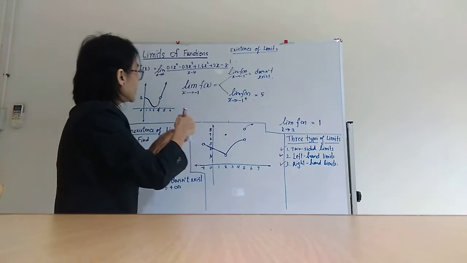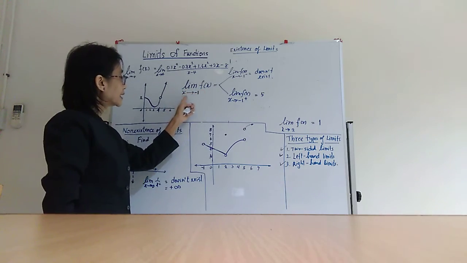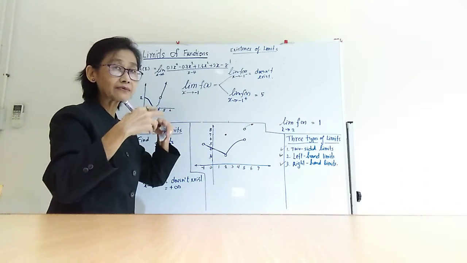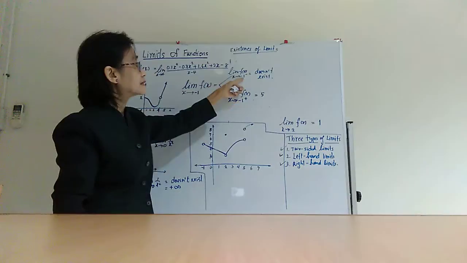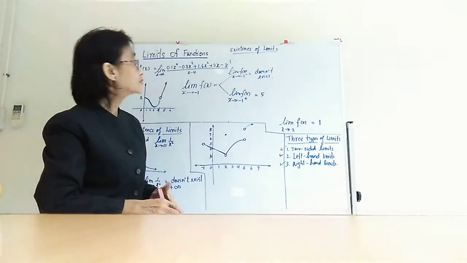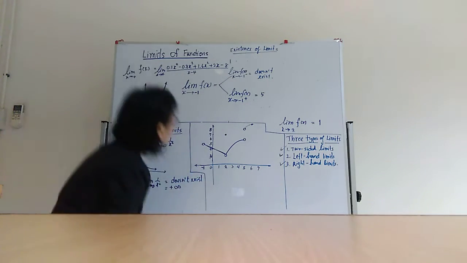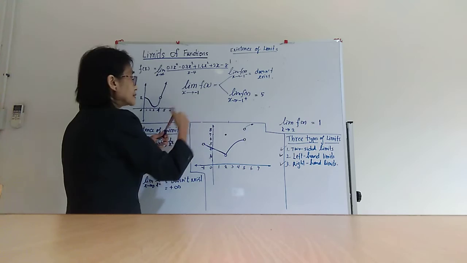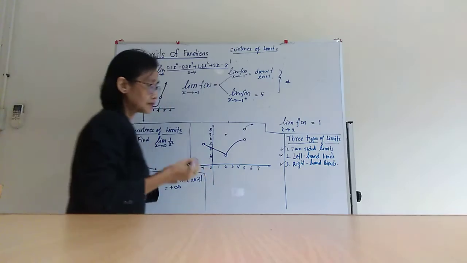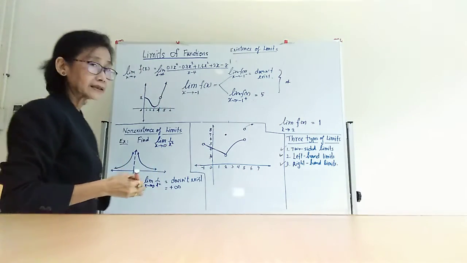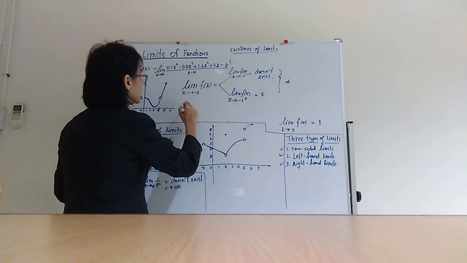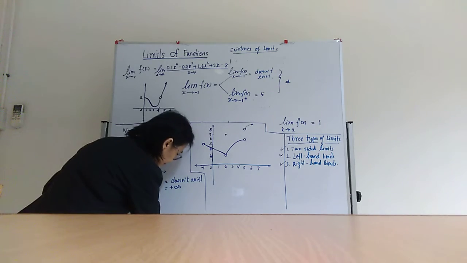So you see, when the question asks you for the limit of f of x when x approaches negative 1, you have to read both sides, from left and from right, and see if they have the same value of y. But in this case, you see, they don't. They are not equal. So we can answer the whole thing: for this limit, it doesn't exist because these are not equal. Okay, does everyone get it? Now, if I continue, I erase this one.